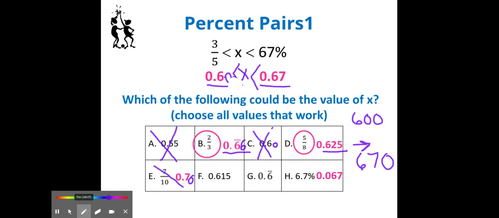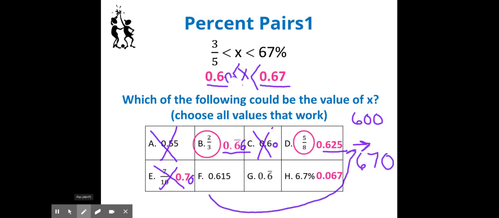E is not an answer choice. F, 615. Is 615 between 600 and 670? Would it also fit in that range? Well, if you did that correctly, then you should be able to tell me, yes, it is an answer choice.